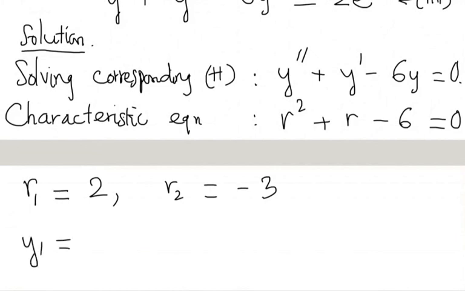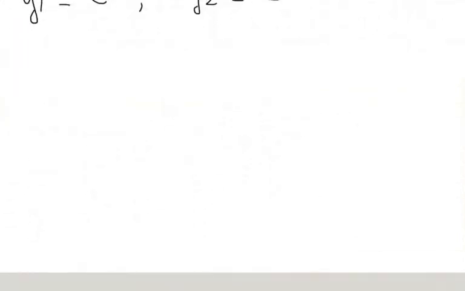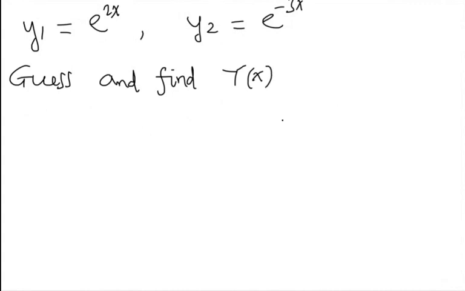So y1 is e to the 2x and y2 is e to the negative 3x. That's the first step: solve the homogeneous equation. Now the next step is to guess the formula by educated guess and find capital Y of x.